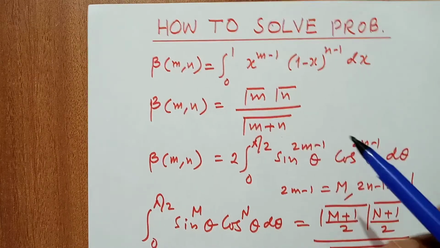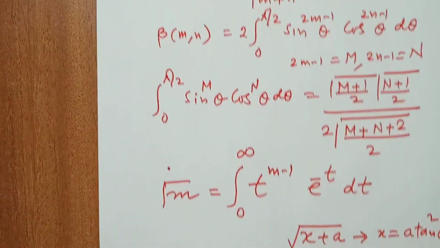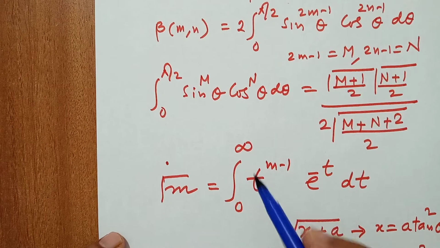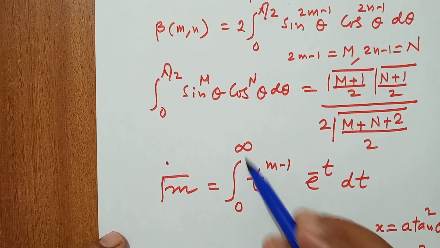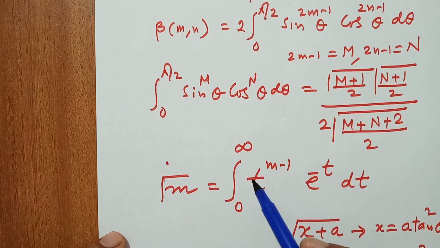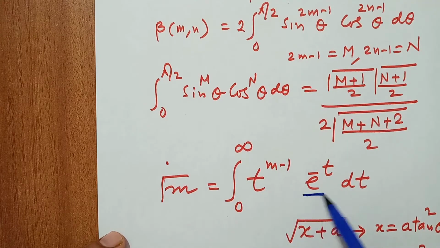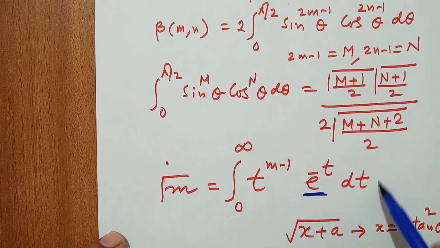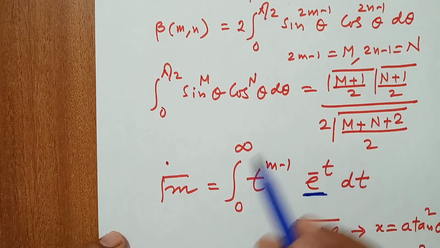And for the next problem, you see the limit. If the limit is infinite, you concentrate on the gamma function, like 0 to infinity. So first you see the exponential. Exponential of minus t, where the integration is with respect to t, meaning t is the variable.